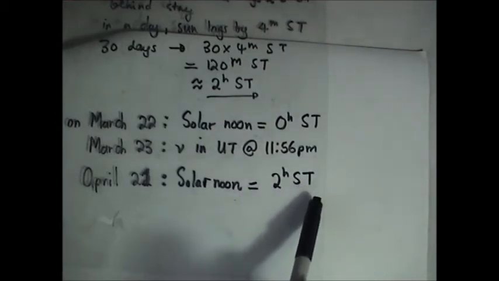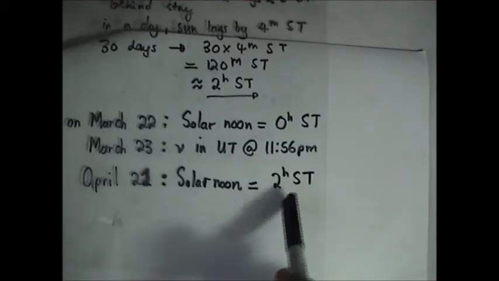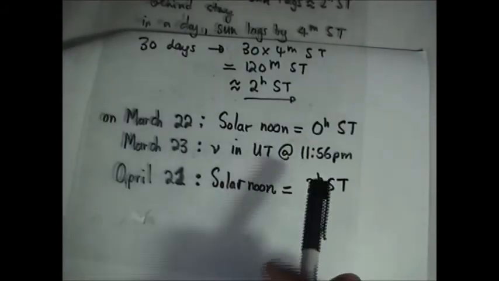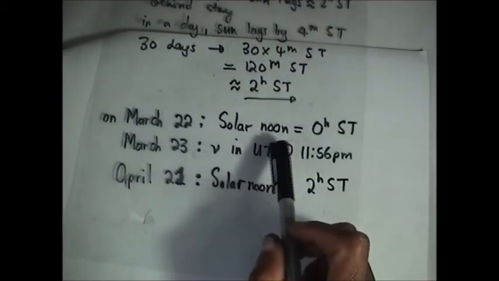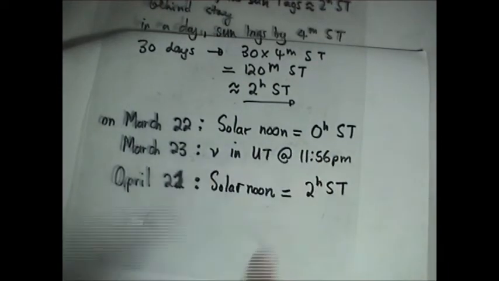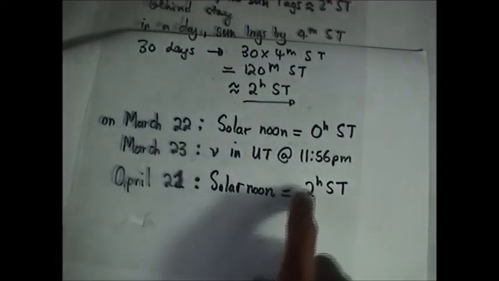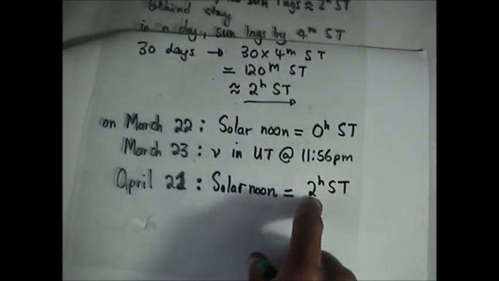On this day, V will have transited the celestial meridian at 10 a.m. What we're basically saying is 2 hours ahead. Remember, when it was 4 minutes ahead in a day, it means V crossed at 11:56. When it gained another 4 minutes, it means V crossed at 11:52. So what about 2 hours?